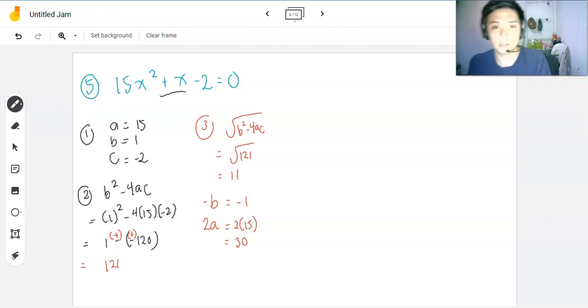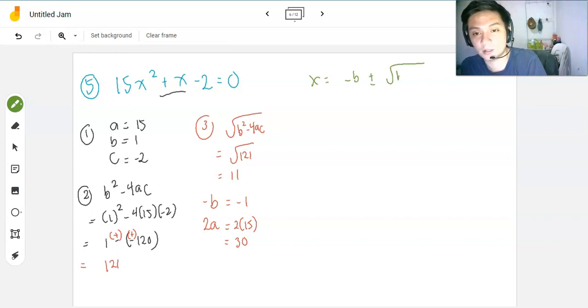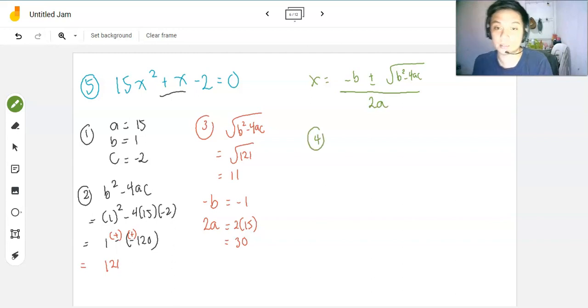Let's again write the formula para makikita natin yung ating gagawin: X equals negative of B plus or minus square root of the discriminant B squared minus 4AC all over 2A.